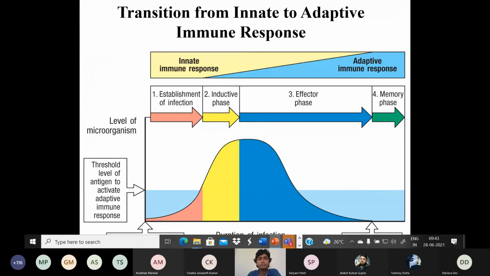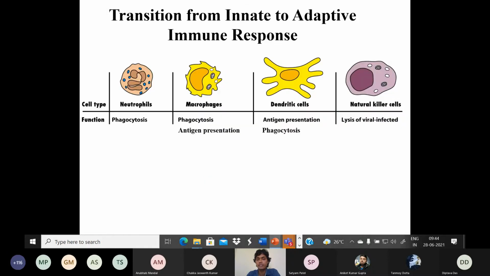So again, this slide, because what I was trying to say, whatever I told, those things are happening somewhere here. These innate cells, they are fighting, and at the same time, the adaptive immune system will slowly learn what kind of antibody we should make to clear this infection.